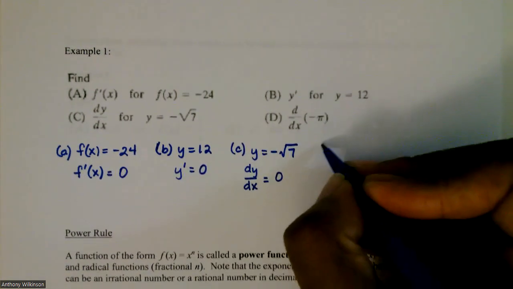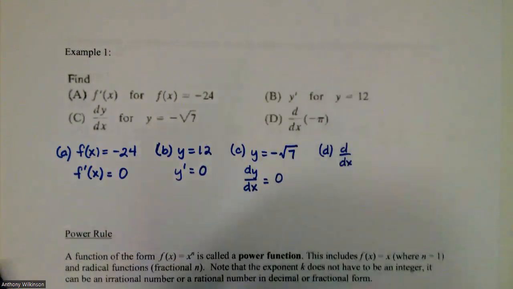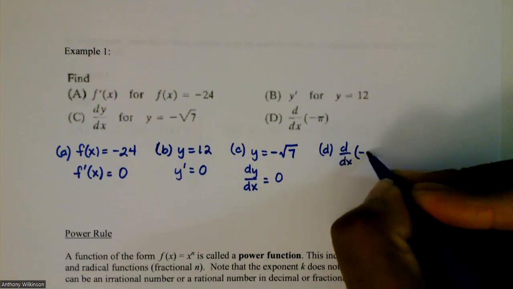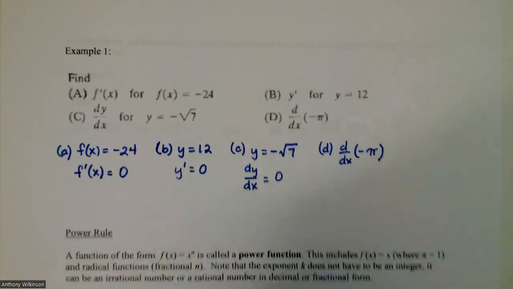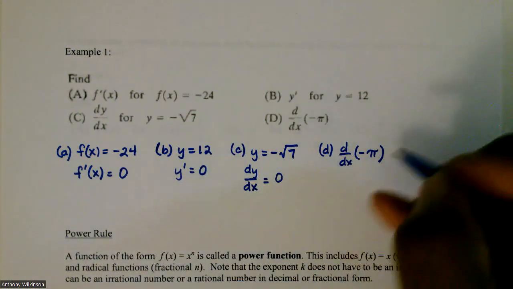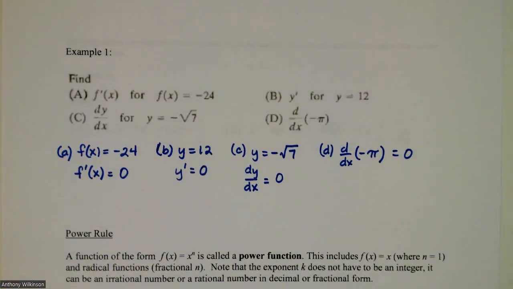And also part D, the derivative with respect to x of negative pi. Well, pi is a constant and it's negative, so negative pi has to be a constant. So its derivative with respect to x would also be 0. These are just examples showing you that the derivative of any constant is 0.